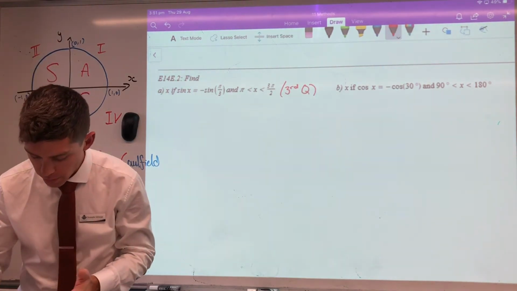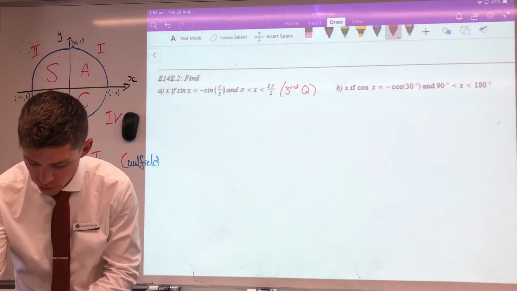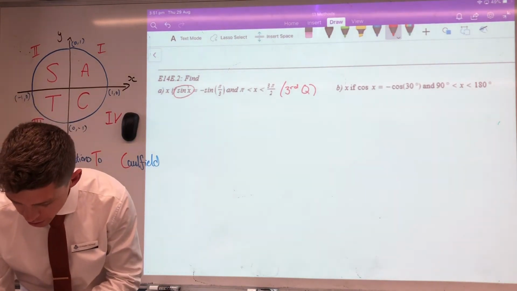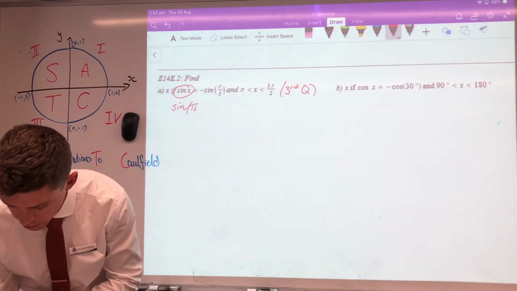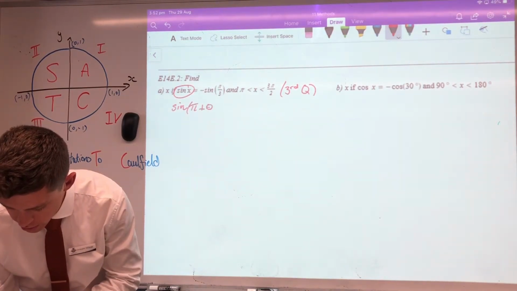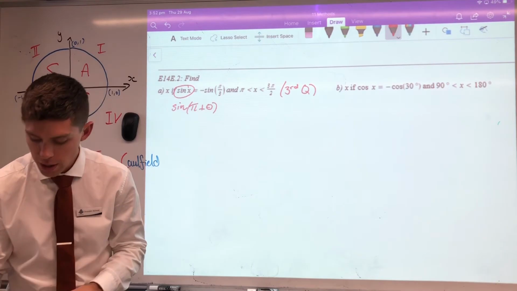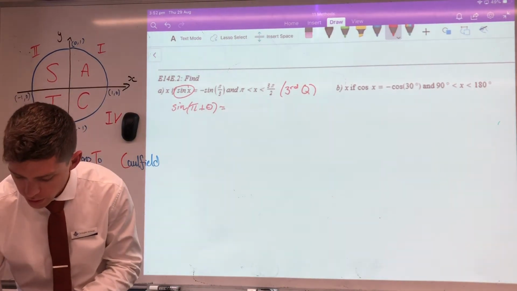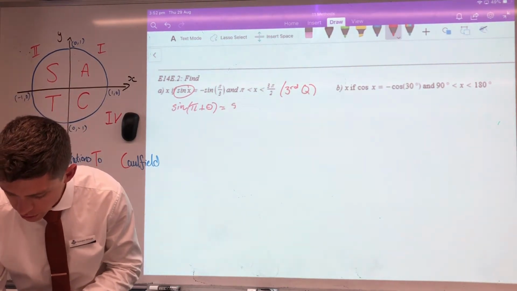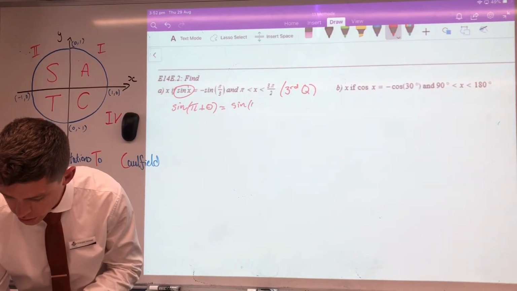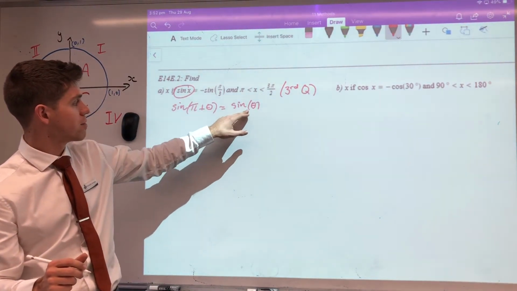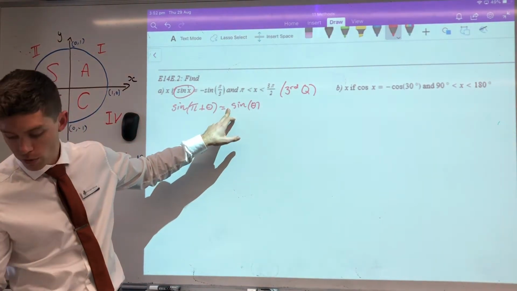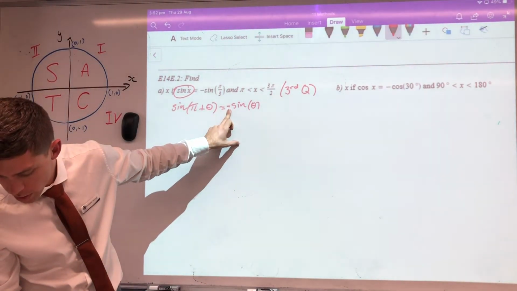So what we can say therefore is that this sine x can be written as sine of pi plus theta, where theta is the angle. But we also know that in the third quadrant, we're going to have the negative value of what it was in the first quadrant.